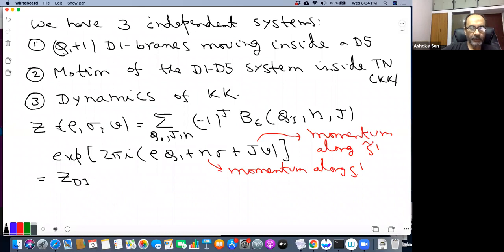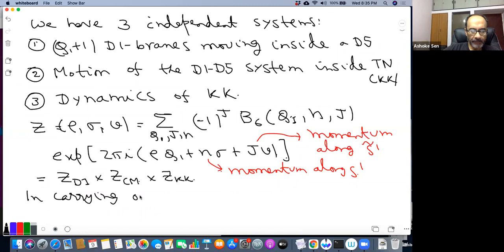So the first one I'll call Z_D1. Then the second one is the center of mass degrees of freedom motion inside the Taub-NUT. And then the final one is Z_KK. Now let me just state one thing, and I'll not come back to this later.